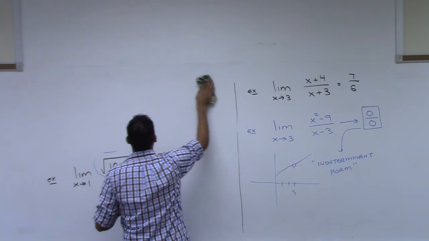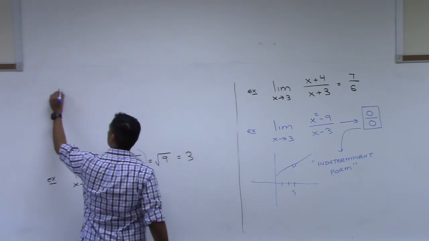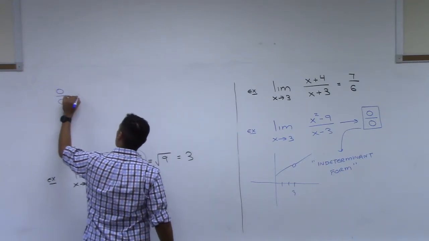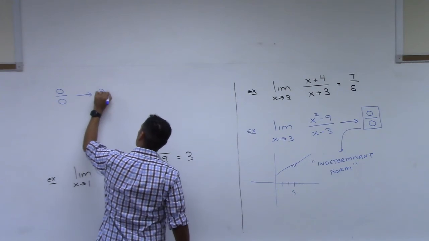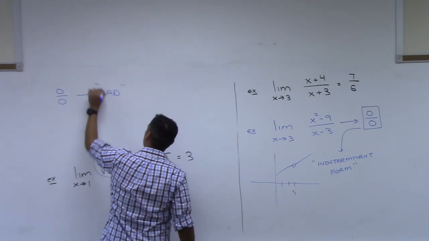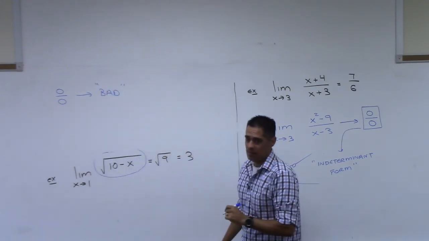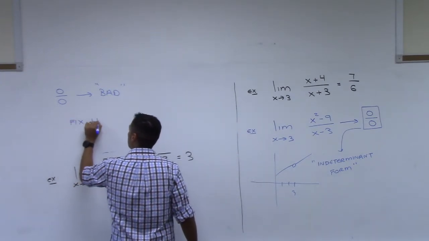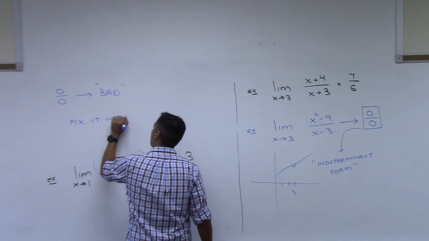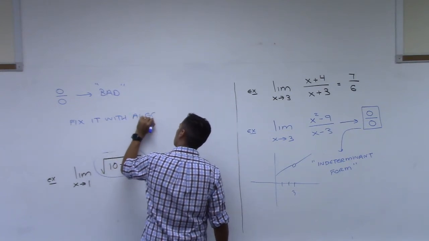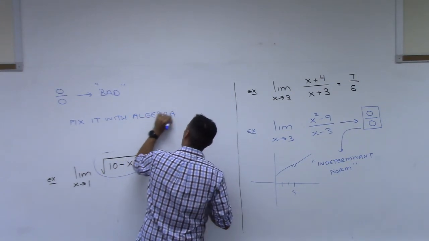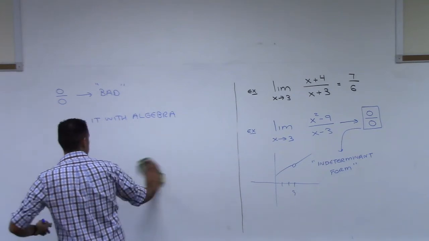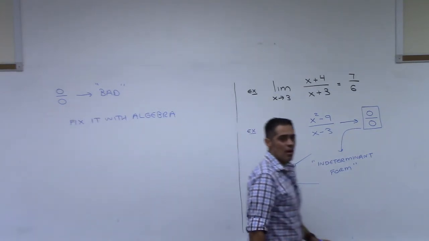I want you to say to yourself that this is bad, and to fix it with algebra. The only hope we have right now of remedying this situation is to try and do some algebra.